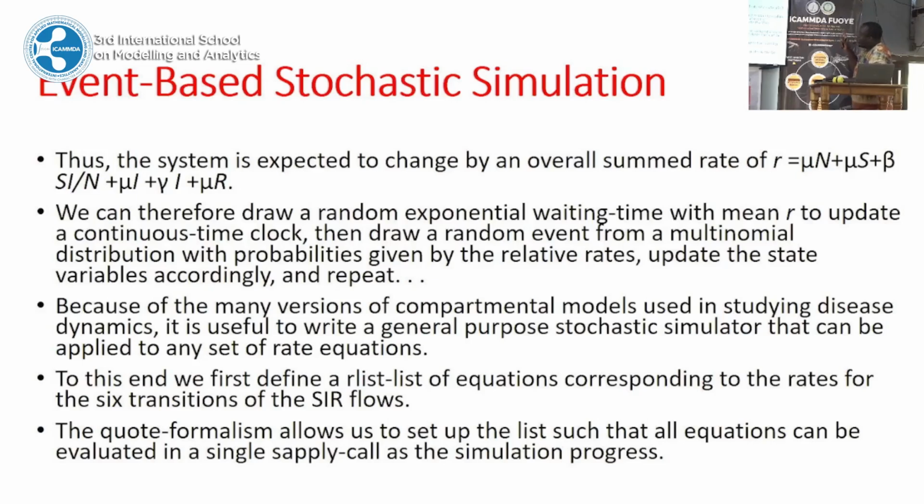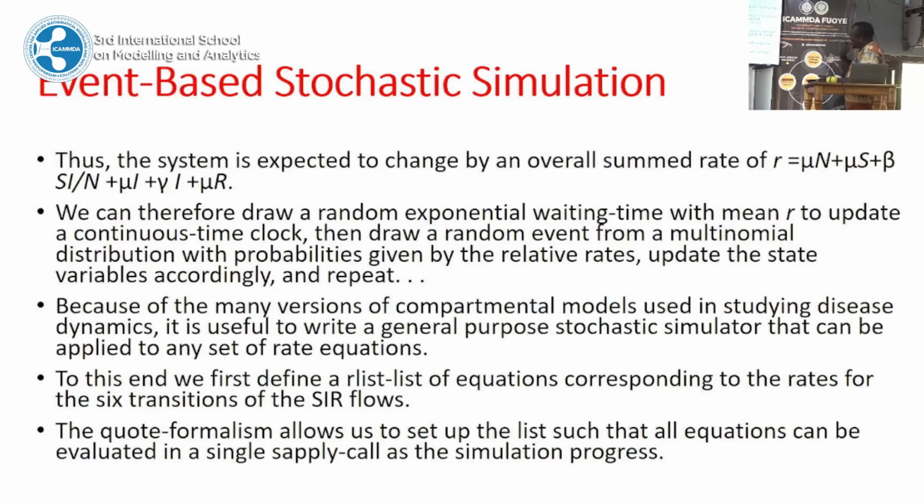We are adding all the events, six events. So the sum rate R equals mu N, that's the birth, plus mu S, which is the death, plus beta S I over N, which is the transmission, plus mu I, which is the death from the infectious class, then gamma I, which is the recovery, and then mu R. So we can therefore draw a random exponential waiting time with mean 1 over R to update a continuous time clock.